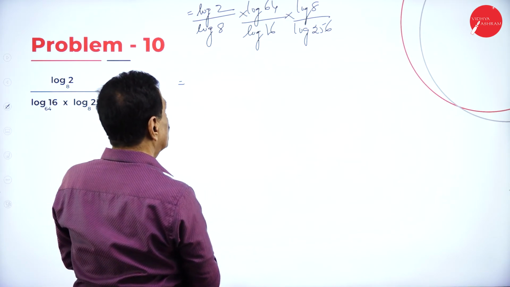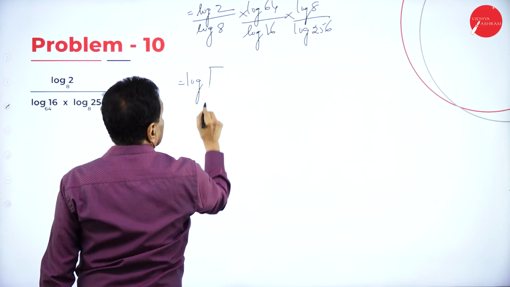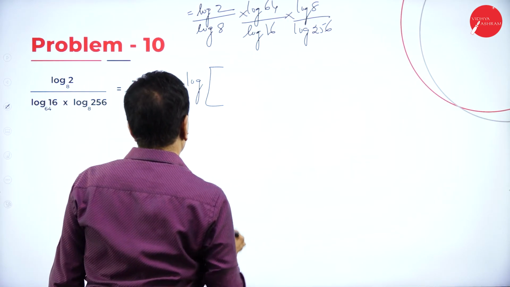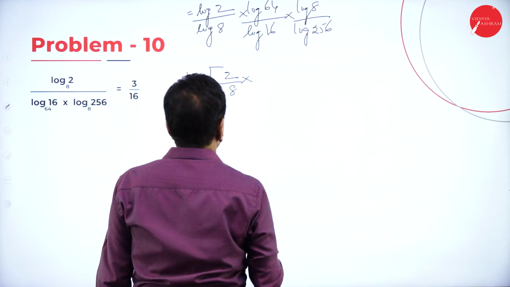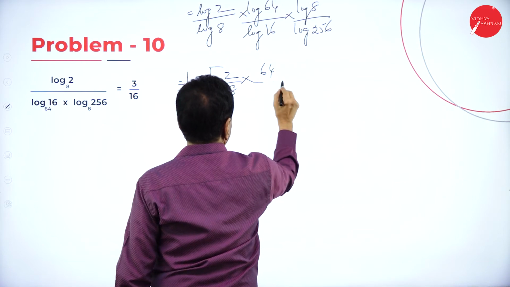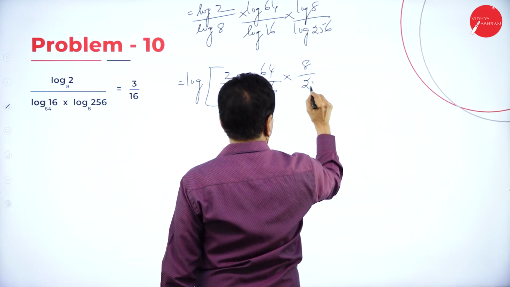This is log 64 to the base 2, 8. 64 divided by 16, 8 divided by 256.